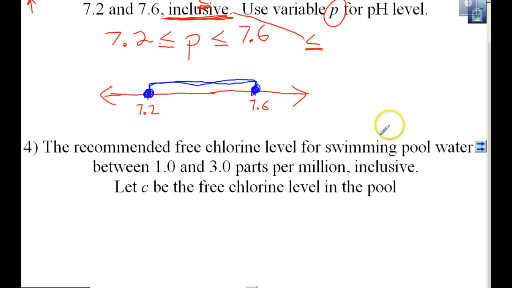So another way of writing this, it says between again, so that's a good hint, and it says our variable is c. Okay. So you guys go ahead and write a compound inequality on this one. So you write down there.